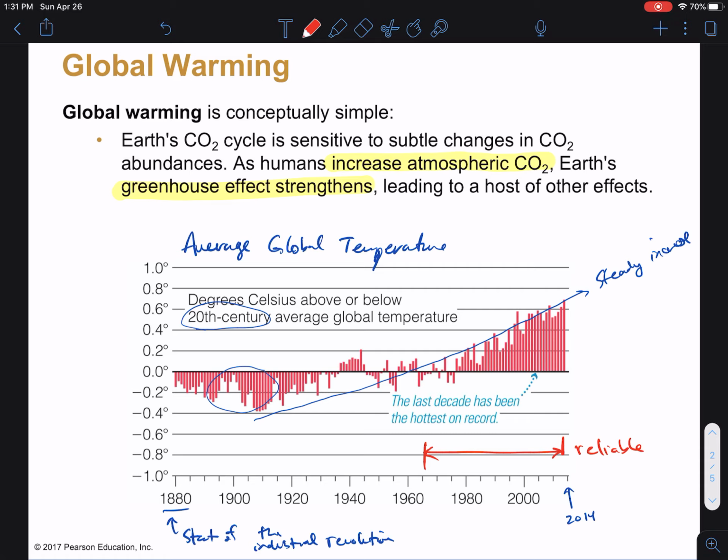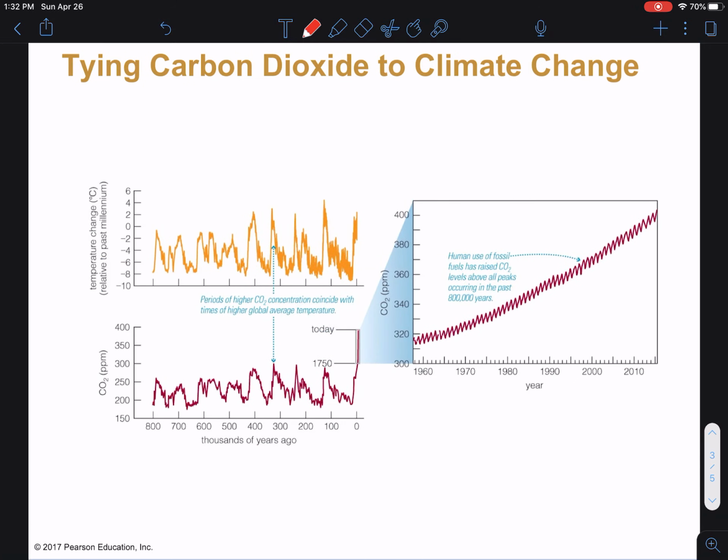Before this time, we weren't really taking data, and so we've had to get this information a variety of other ways.